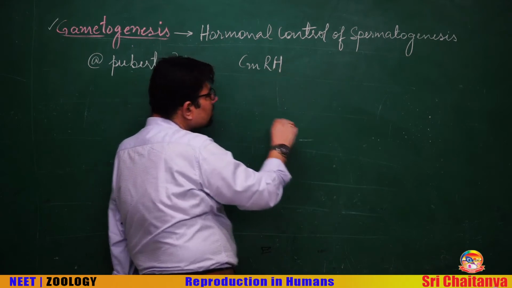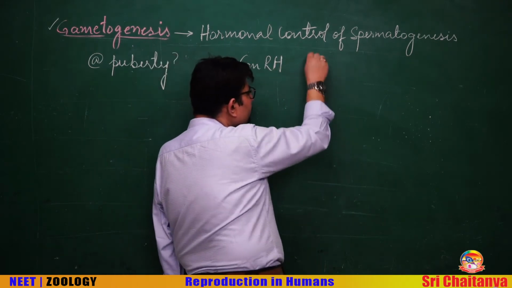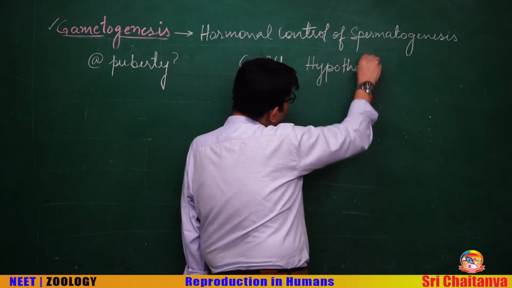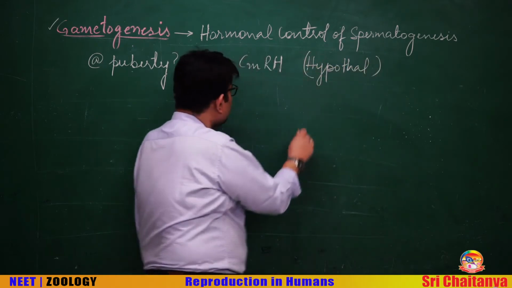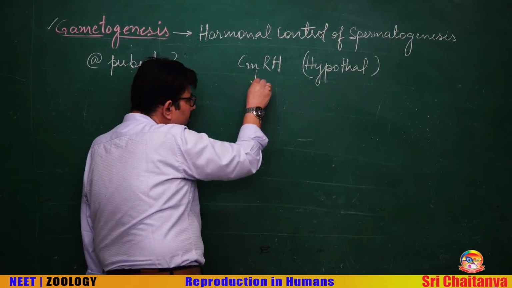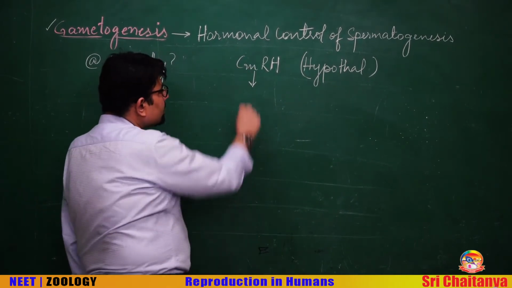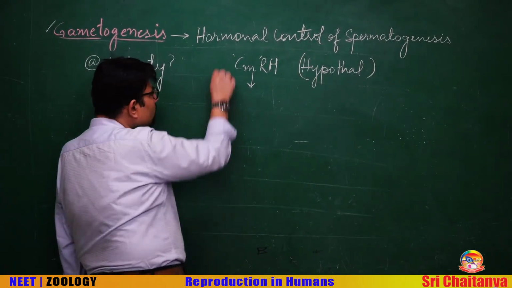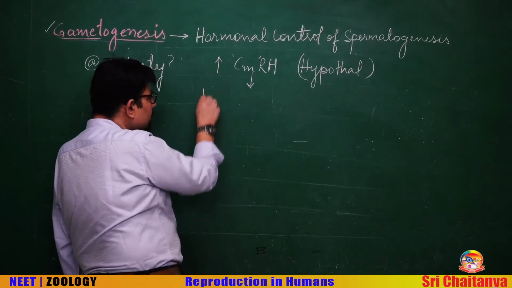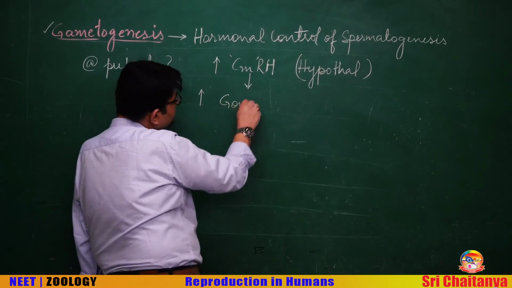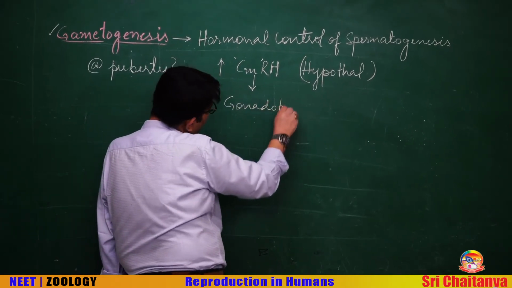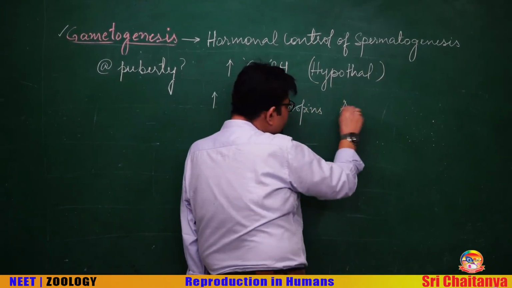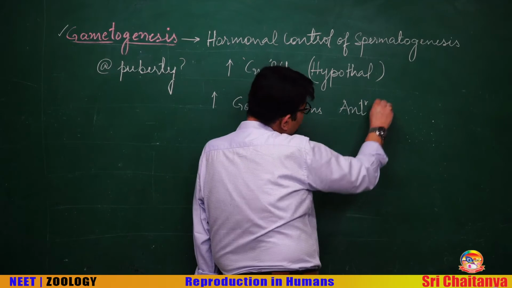It is a releasing hormone, released from the hypothalamus. As the name says, it is a gonadotropin releasing hormone, so there will be release of gonadotropins. These are the pituitary gonadotropins, and they are released from the anterior pituitary.